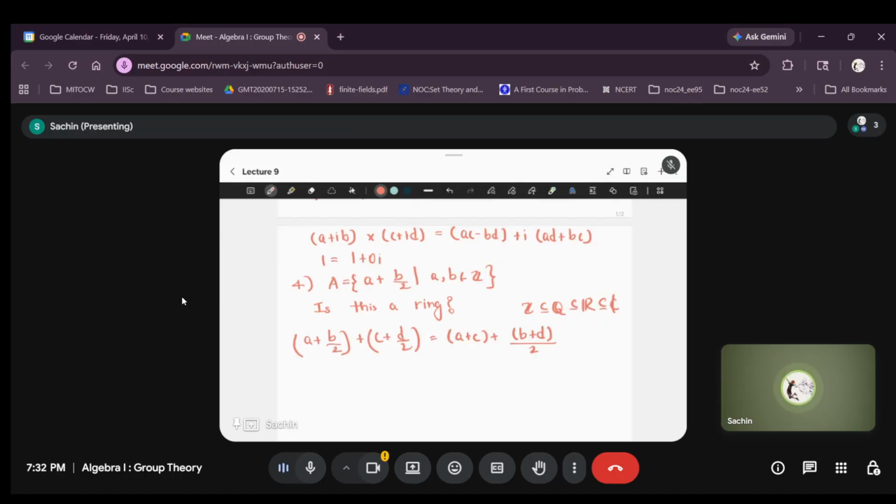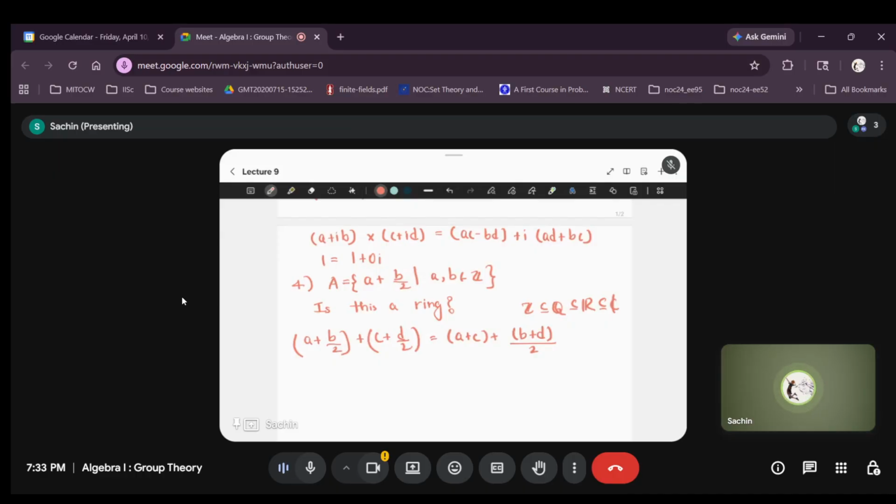So this number will also belong to the set A. Yes, it is a collection of elements of that form.